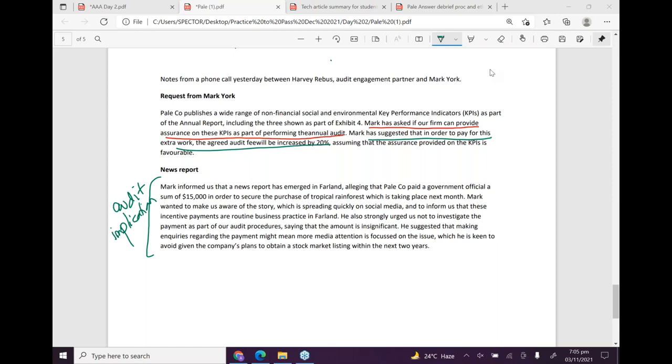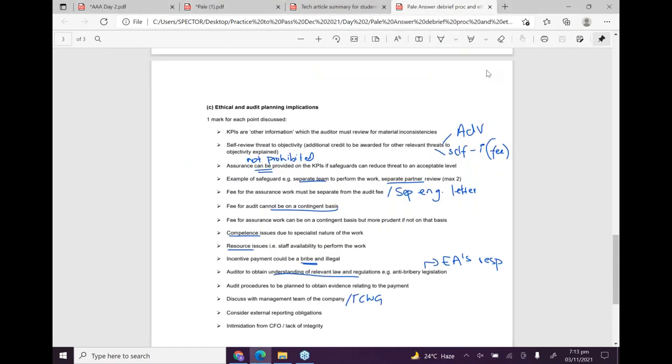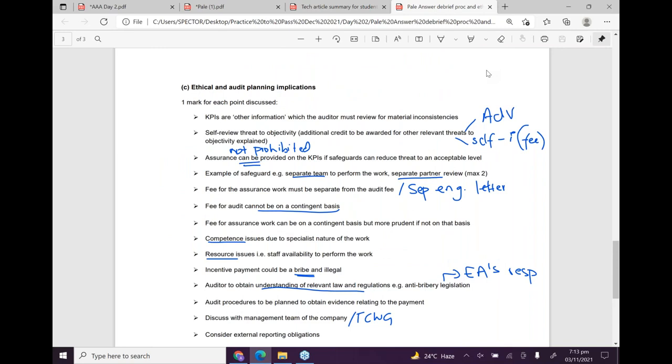Right, guys, I want you to stop typing for a second and please have a look at my screen where I'm going to cover each element one by one. Absolutely, Yolanda. So indicative of poor integrity, one mark as well.